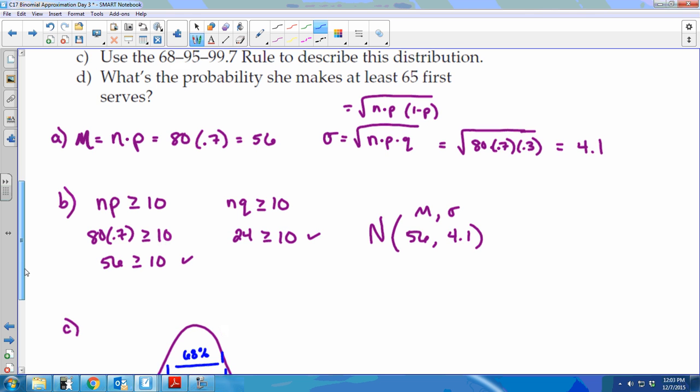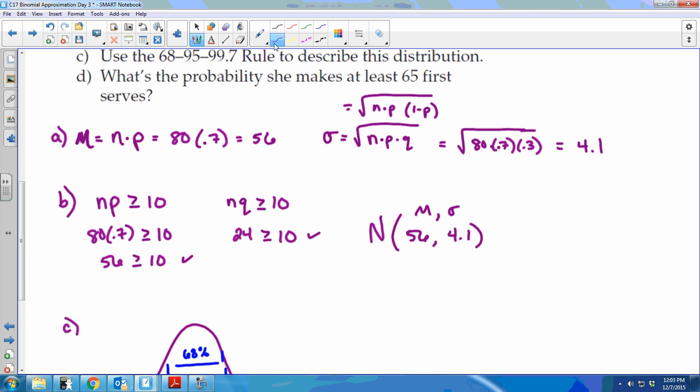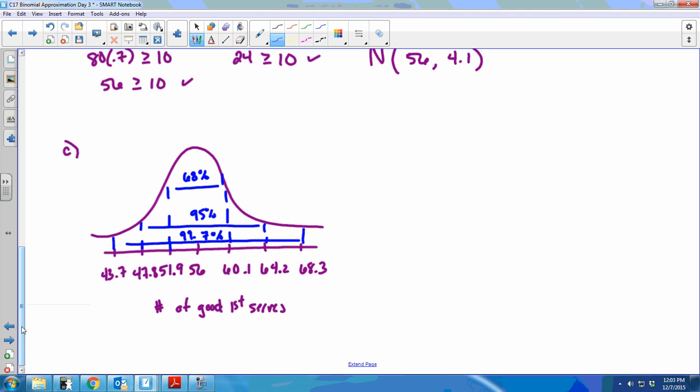On part D, what's the probability she makes at least 65 first serves? We want to know the probability that she makes at least 65. All right, there are two ways to do this. One way is to use the normal model because we have been talking about this entire question.